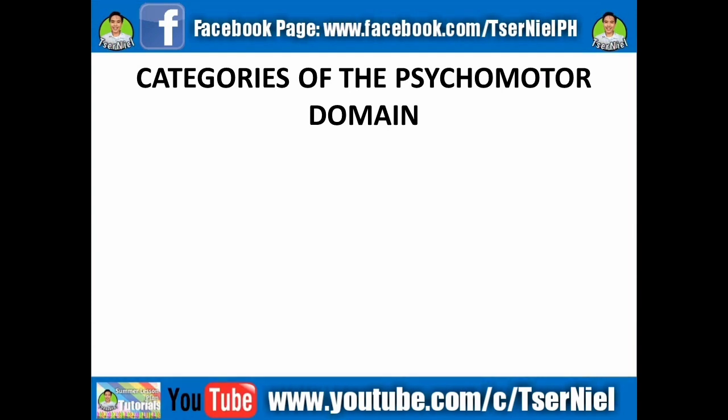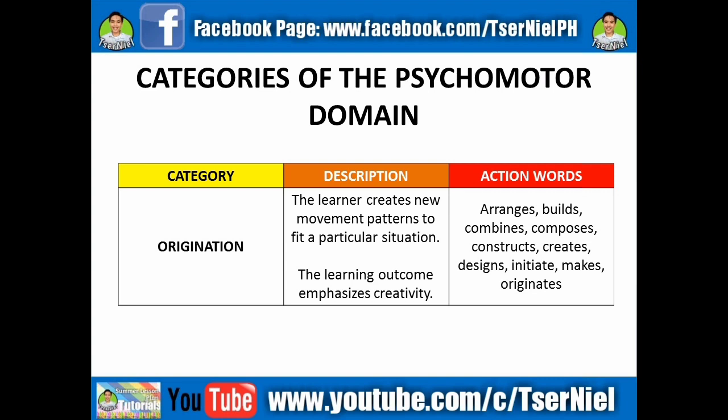The last major category for the psychomotor domain is origination, and the learner creates new movement patterns to fit a particular situation. Ibig sabihin, maliban pa sa process na naituro sa kanya ng kanyang teacher, gumagawa pa siya ng sarili niyang patterns or movements para masagutan ang iba't ibang mga activities at para maipakita niya ang kanyang expertise para sa competency na yon.